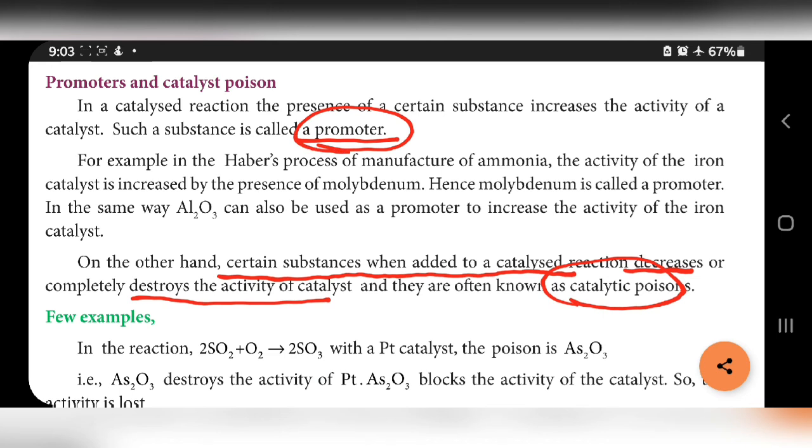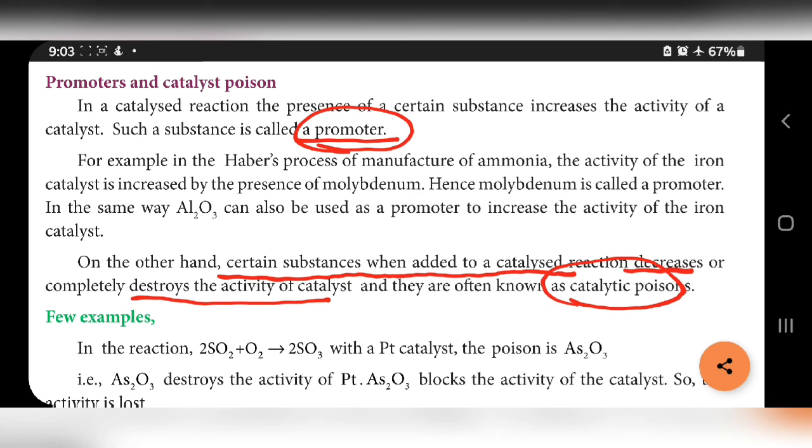Two terms are given: one is promoter, another one is catalytic poison. If a substance increases the catalyst activity, that is called a promoter. Catalytic activity decreased by a substance is called a catalytic poison.